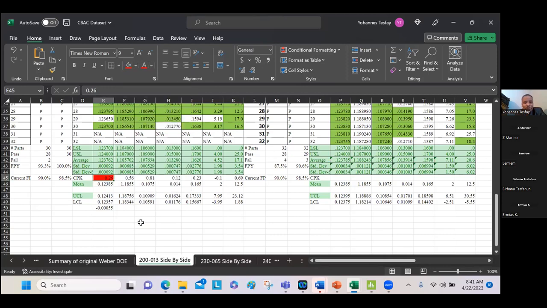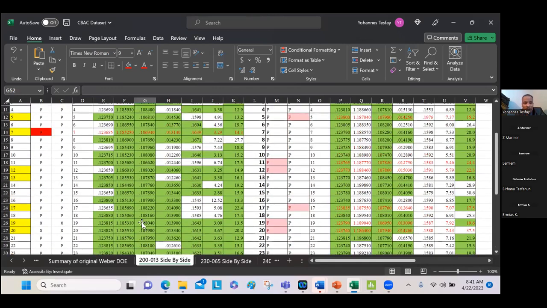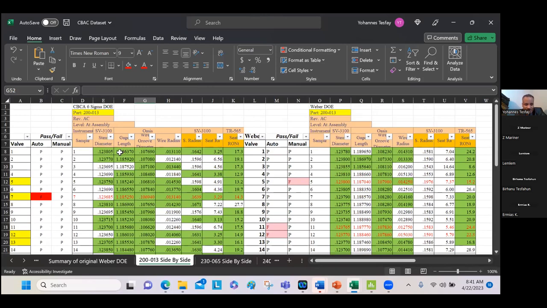Incapable process. So now I'm going to go to gauge lengths.